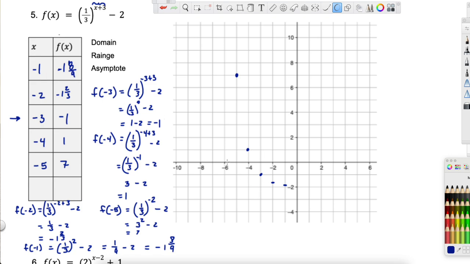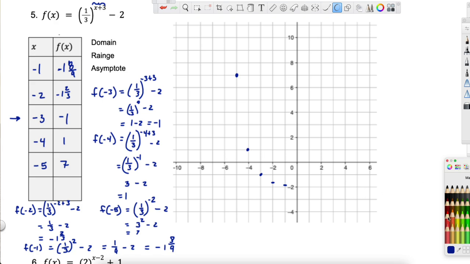All right, so as x gets larger here, so if I put 0 in here, 1/3 to the third power is 1/27 minus 2 is -1 and 26/27, right?